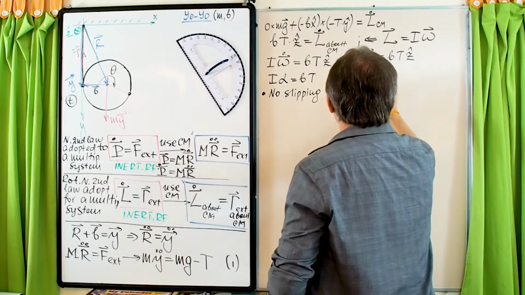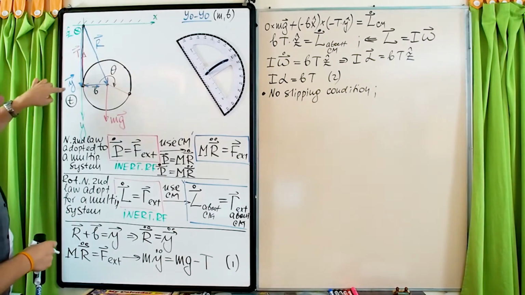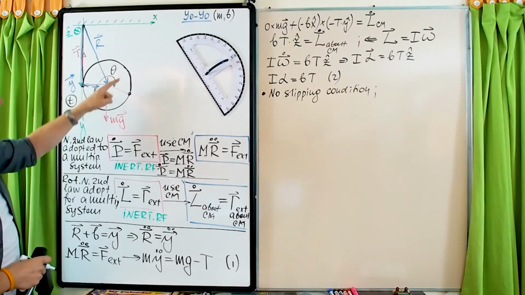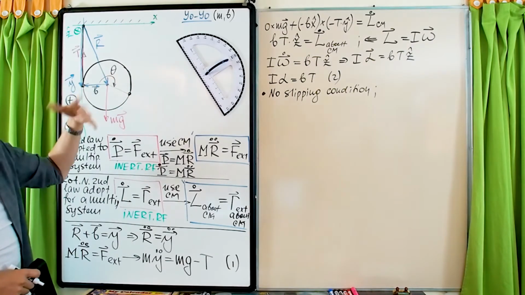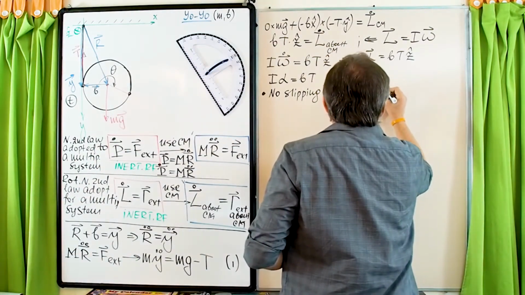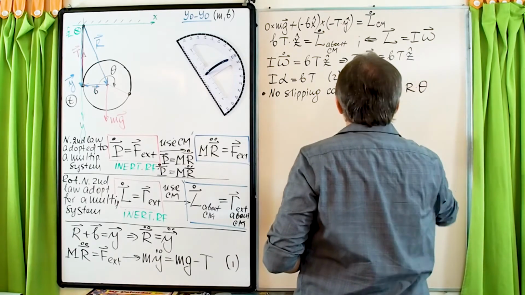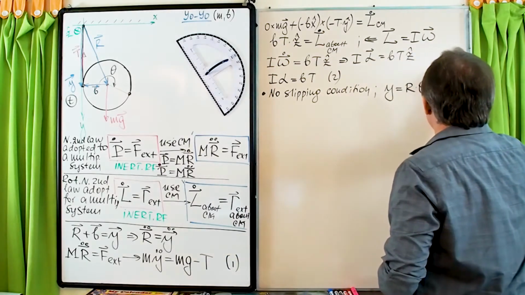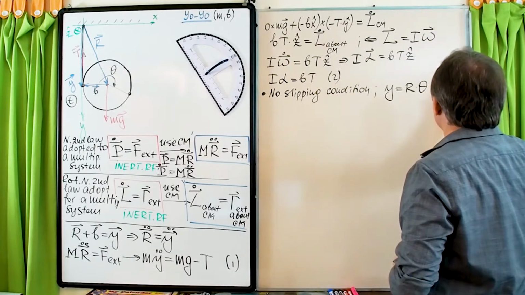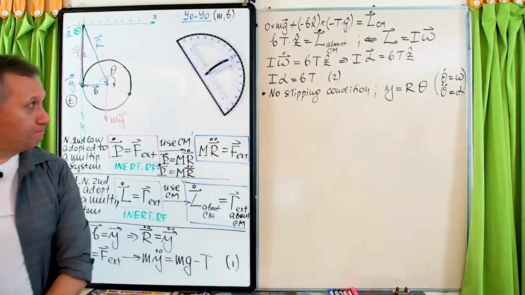The no slipping condition says this distance is just y, the absolute value of the vector y, and it must be equal to b times theta. Of course, theta is in radians. So we can write y equals r theta. And I will emphasize that theta dot equals omega and theta double dot equals alpha. So those are connected.